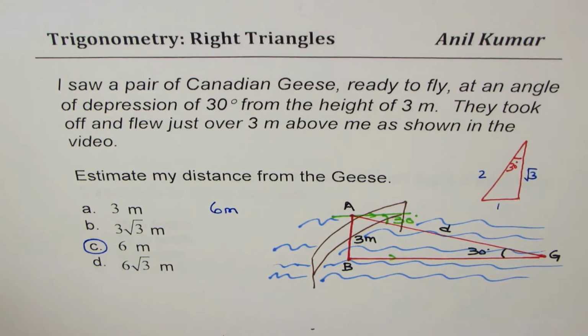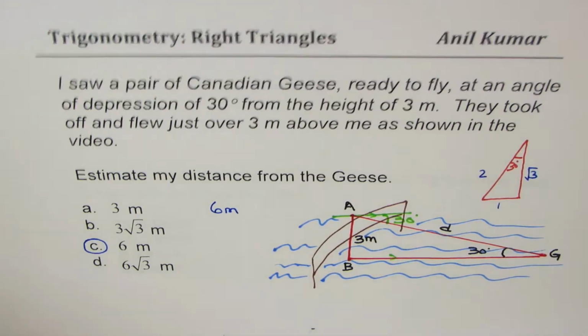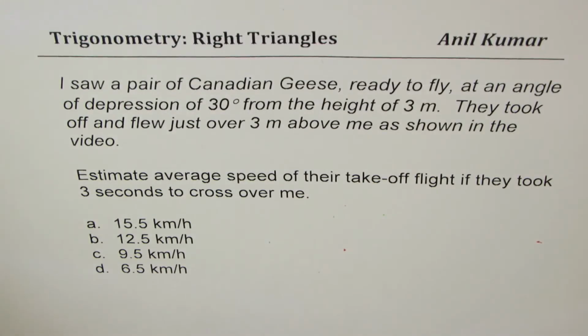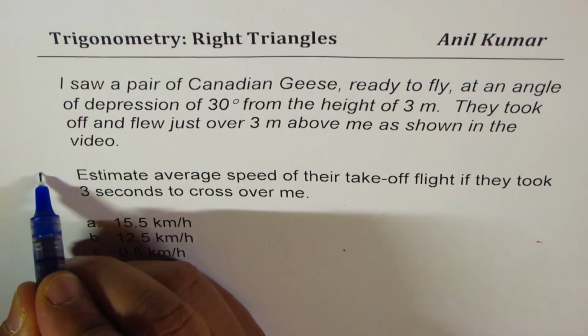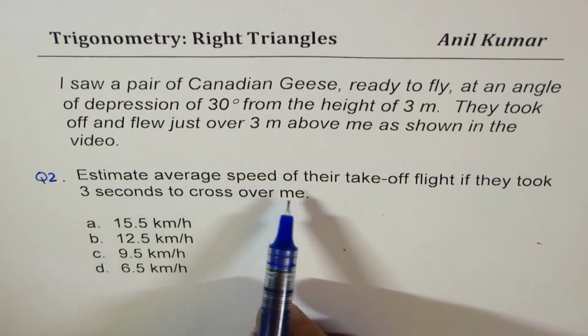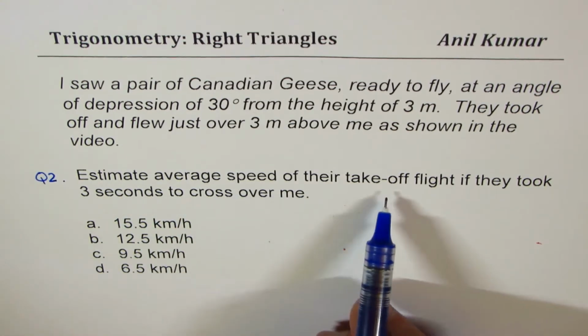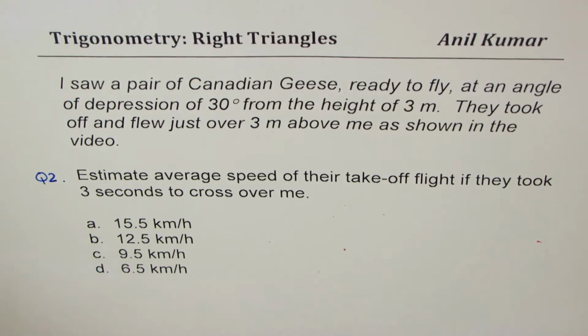Okay. Now let's move on and do the second part of this video, which is very interesting. Now the question here is, situation is same as written above, and question number 2 for you is, estimate average speed of their takeoff flight if they took 3 seconds to cross over me, right?